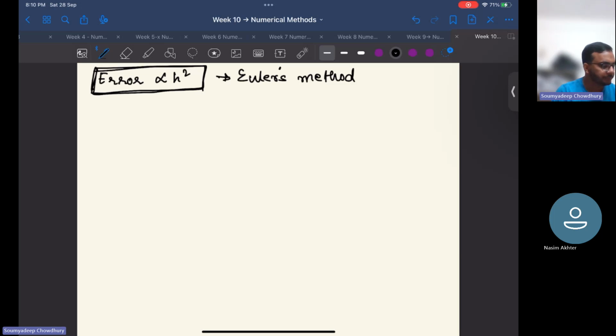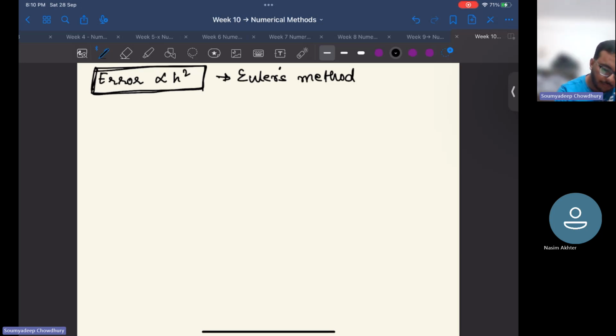So as I was telling, this error is proportional to the square of the step size, right? So as you decrease h, your error will get reduced, and we showed that by one example.